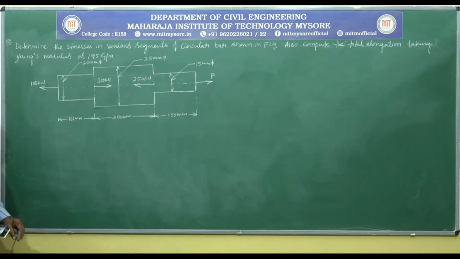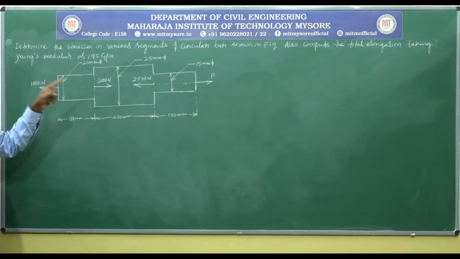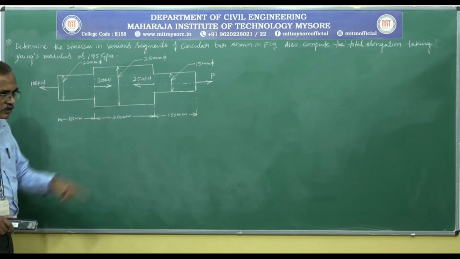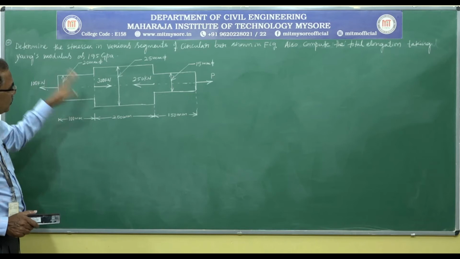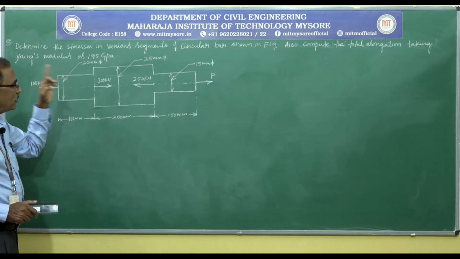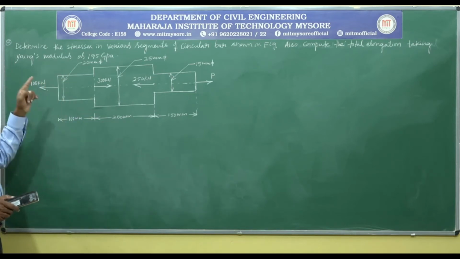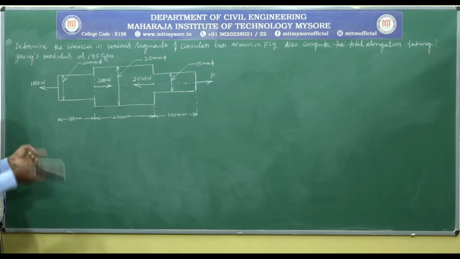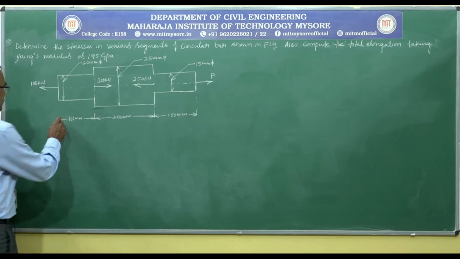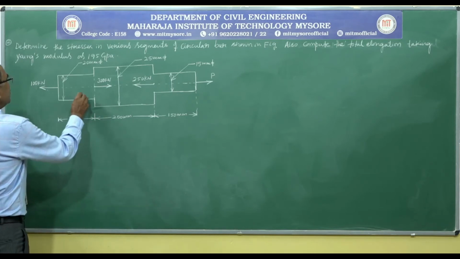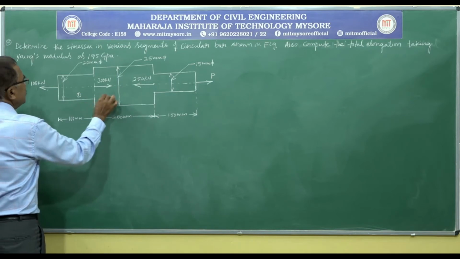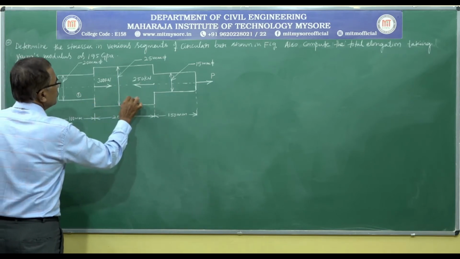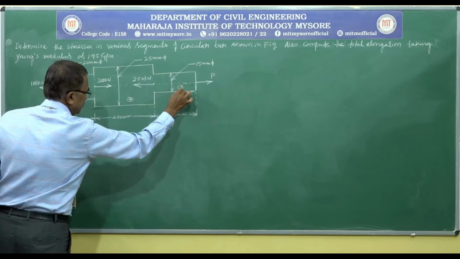As we already discussed and solved one problem on this, when a bar of uniform cross section is subjected to a number of forces, first we have to draw the free body diagram of the given bar, and after drawing the free body diagram, we have to check the equilibrium condition of different portions. Let us consider these segments one by one: segment 1, 2, 3.